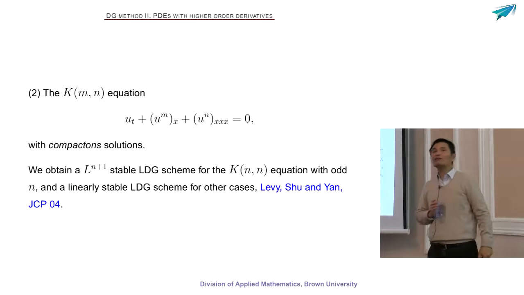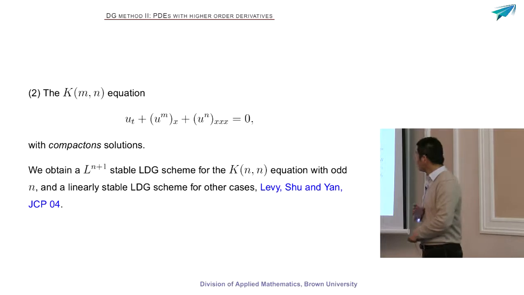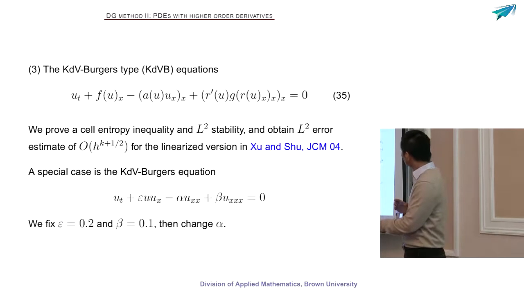So I want to emphasize that the stability for different systems could mean different things. Energy may not always be L2 stability. For example, here, if N is 3, this will be L4. So for KNN equation with odd N, you can obtain Ln plus 1 stable LDG scheme in this paper by Levy, Shu, and Yan many years ago. So we have this scheme.